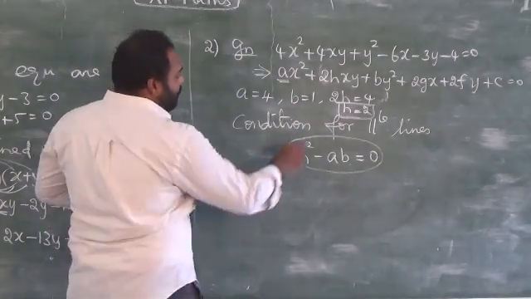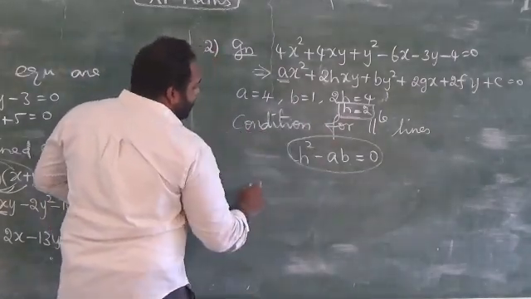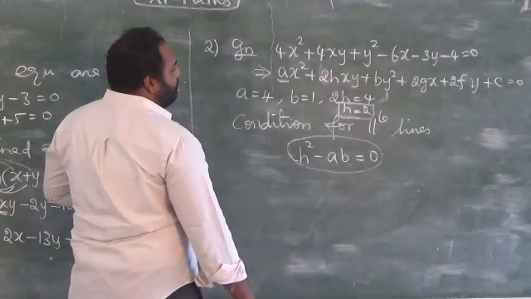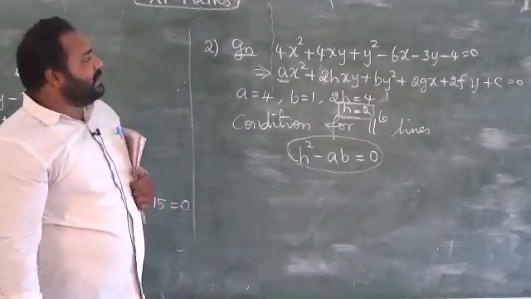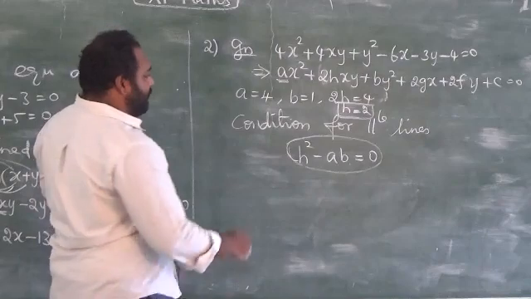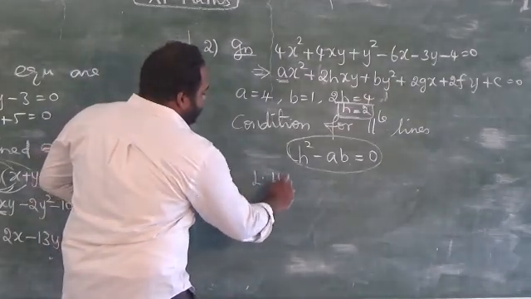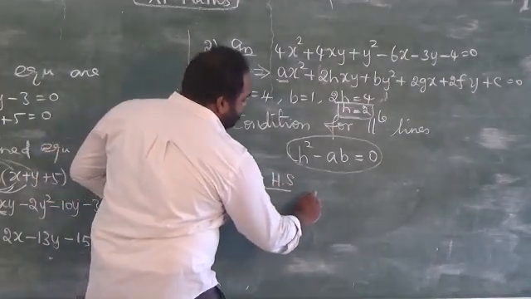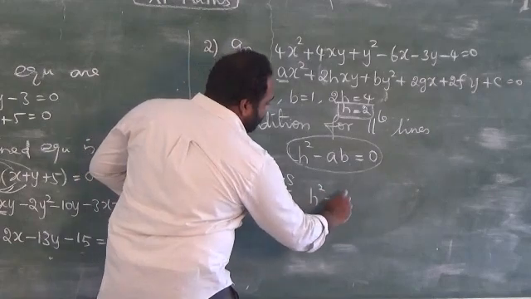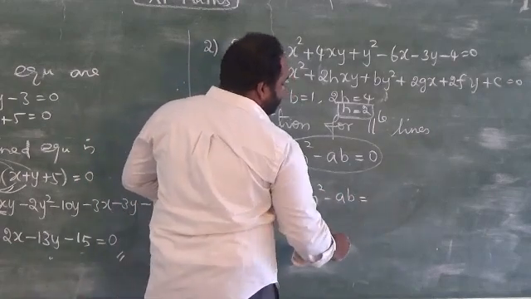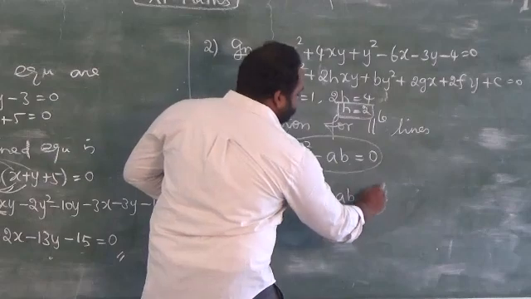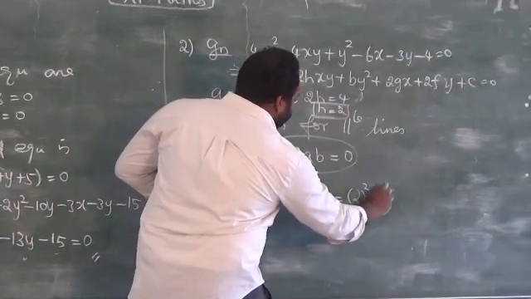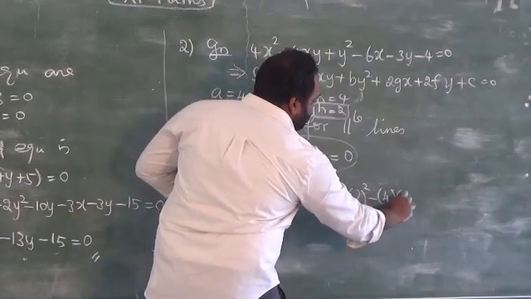So now we got all the values from the question. Now I am going to apply the values in the condition. If it is satisfied, the given equation is a pair of parallel lines. Now take LHS and prove RHS. H square minus ab equal to, what is h square? 2 square minus, what is a? 4 into 1.